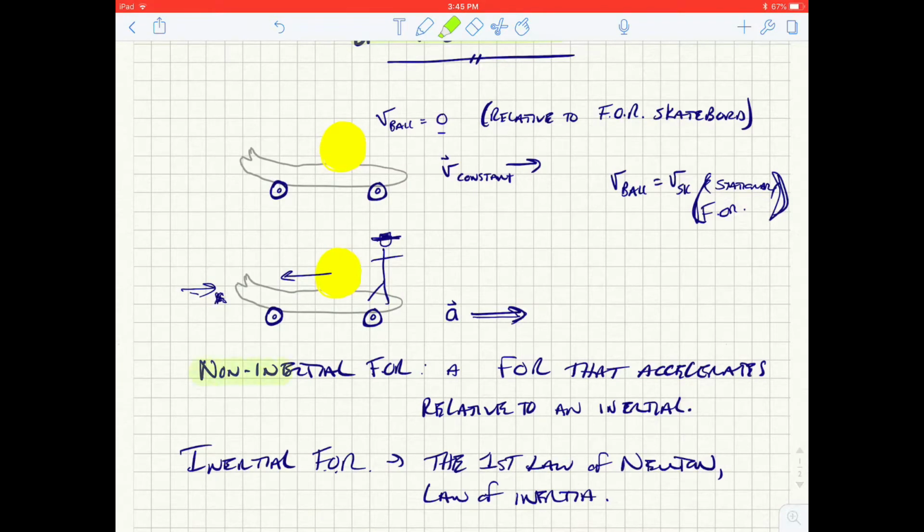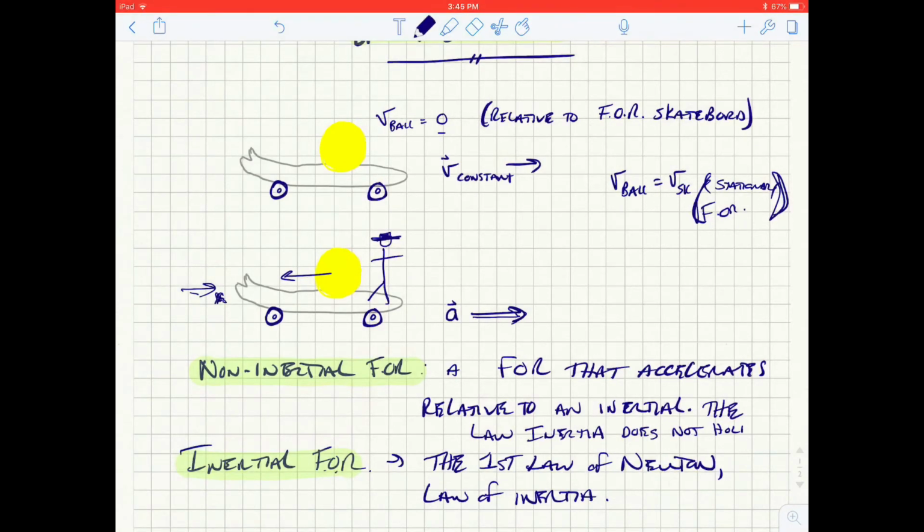A non-inertial frame of reference, then, is one in which the law of inertia does not hold.